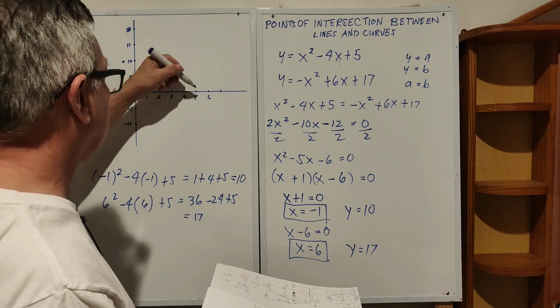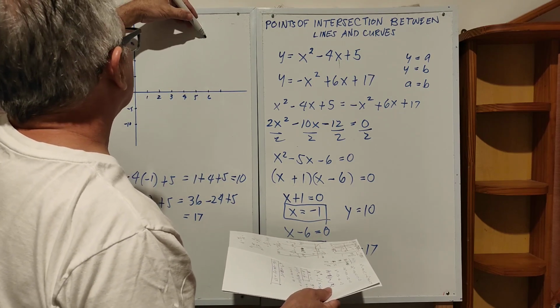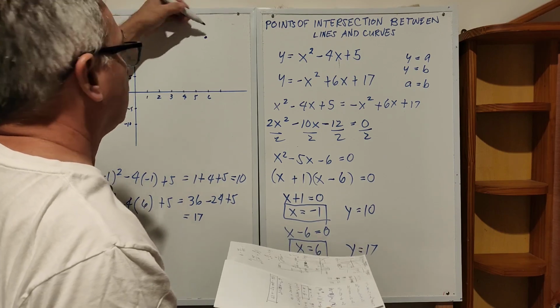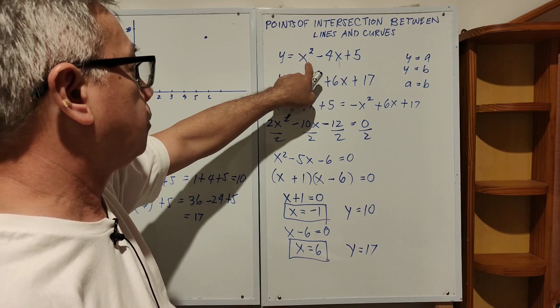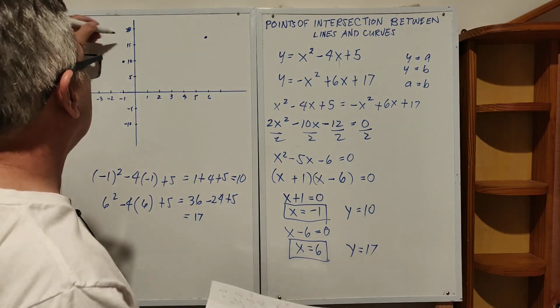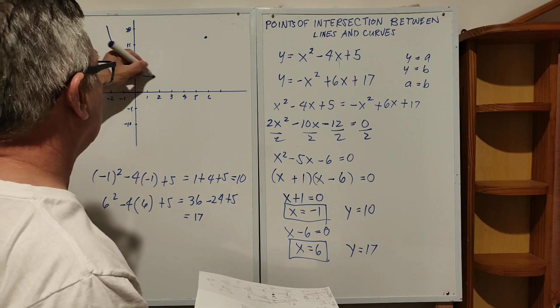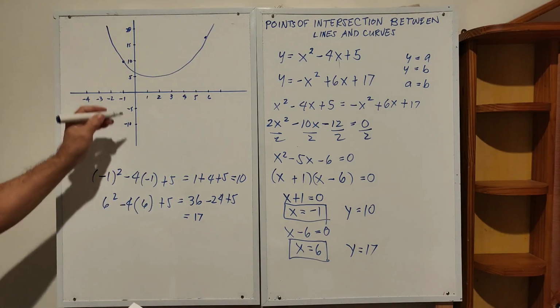1, 2, 3, 4, 5, 6, and 17, it will be around here. Positive x squared will be going upwards. I won't bore you with the x and y table.